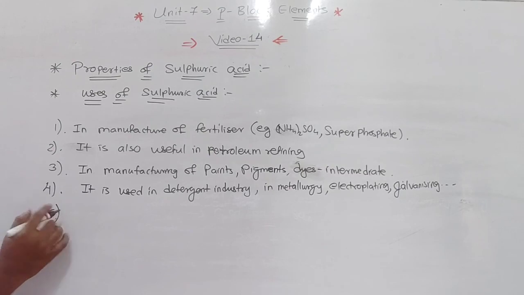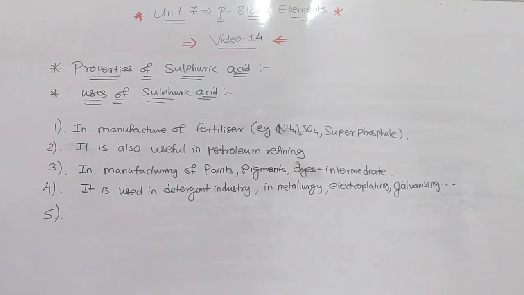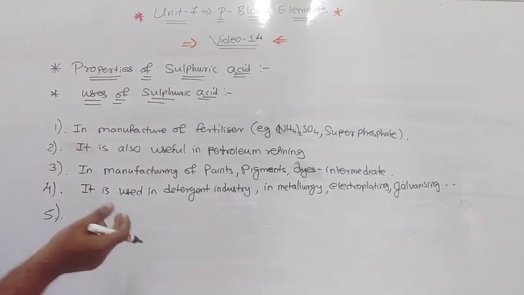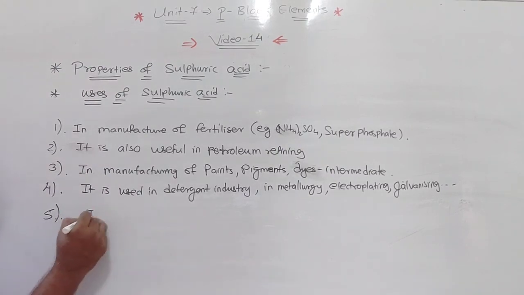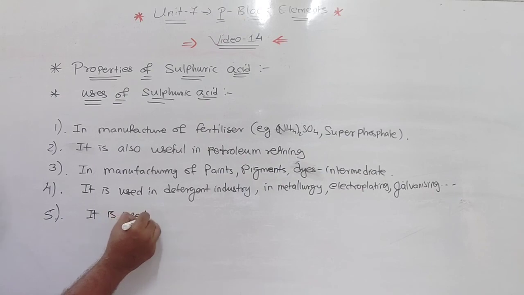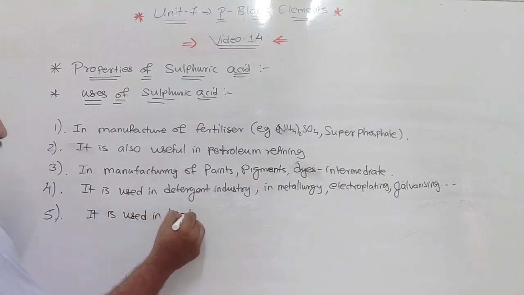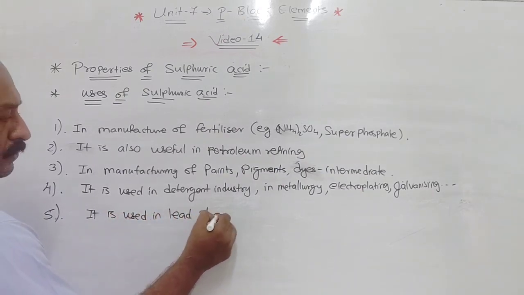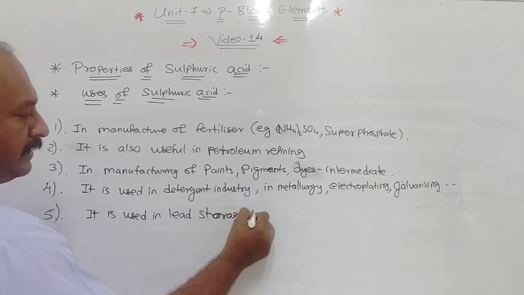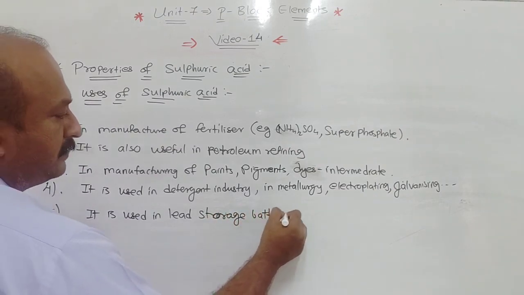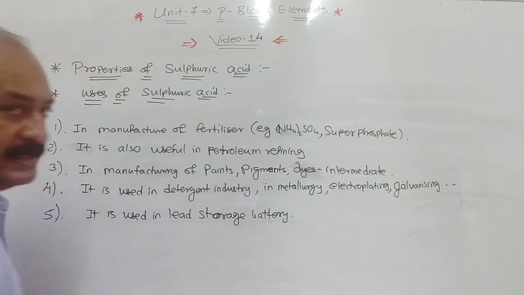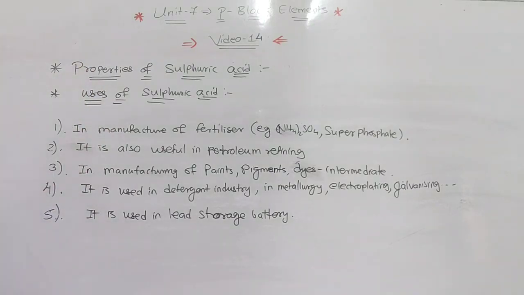Then the point number 5. It is used in lead storage battery. If you have heard about the batteries we use in cars. So it is used in lead storage batteries, that is rechargeable batteries for cars, bikes and all, and other storage batteries also.